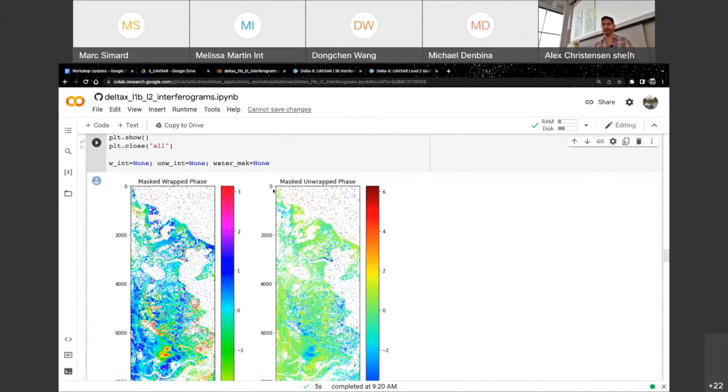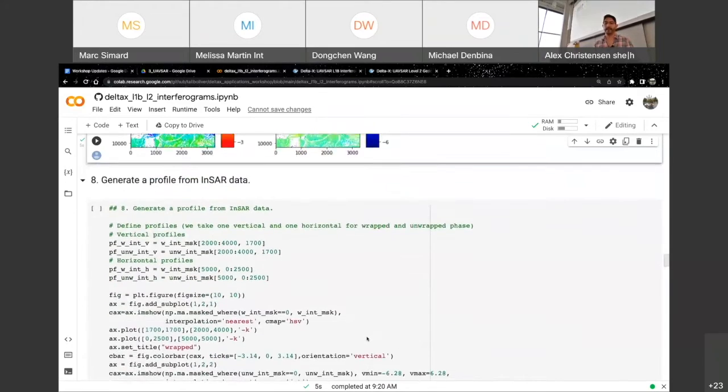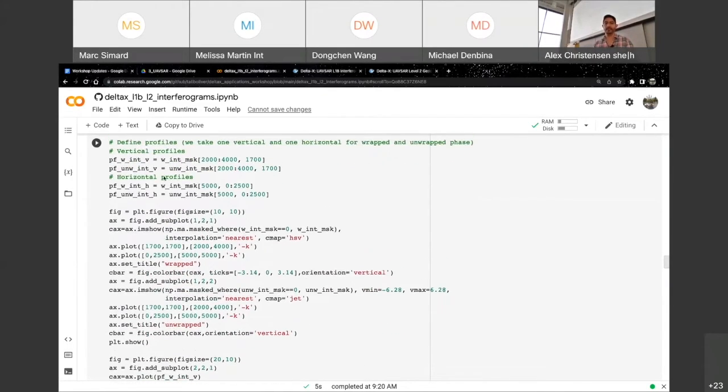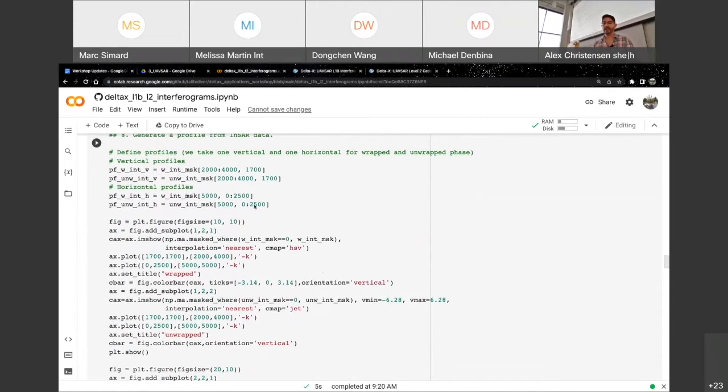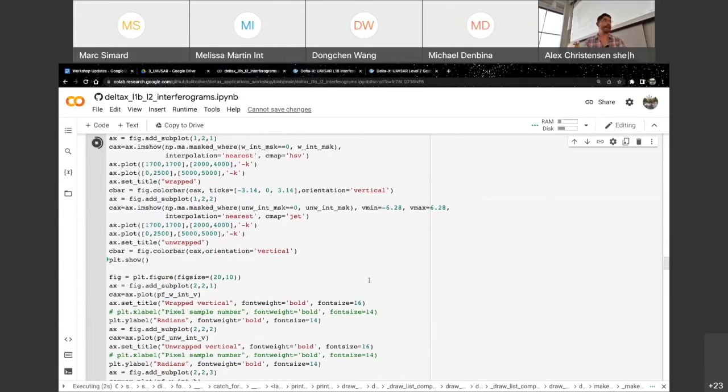We see that in the x-axis we go from 0 to a little bit more than 10,000, and in the y-axis from 0 to a little bit more than 3,000. So we can play around with those and create profiles and slices of the data if you are interested in what's going on in the interferograms. And that's what we do. We're going to create some slices and profiles of the data.